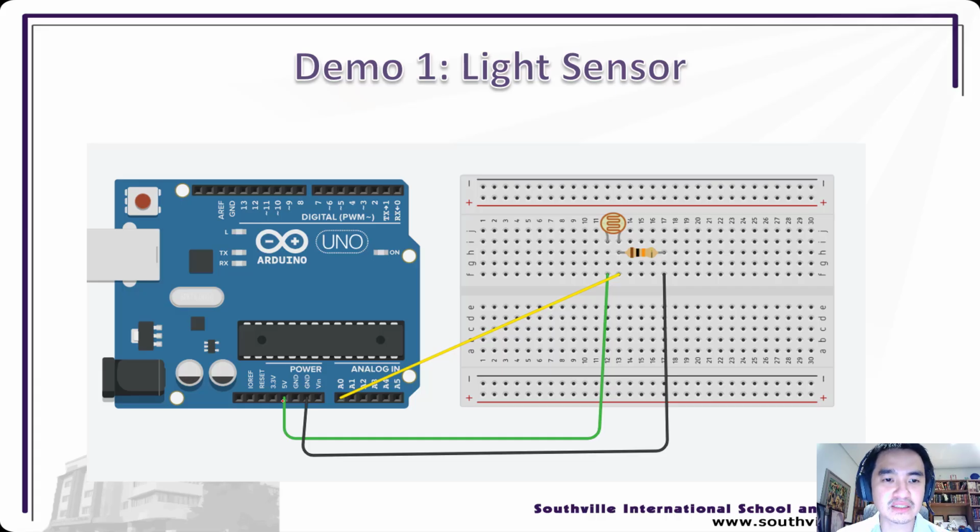So the voltage comes from the 5 volt. So here is your positive 5 volt. The voltage travels through here, enters here, it exits here, and it goes to ground. So that's how your current is flowing.